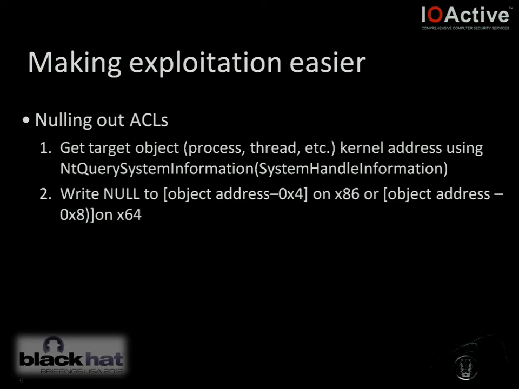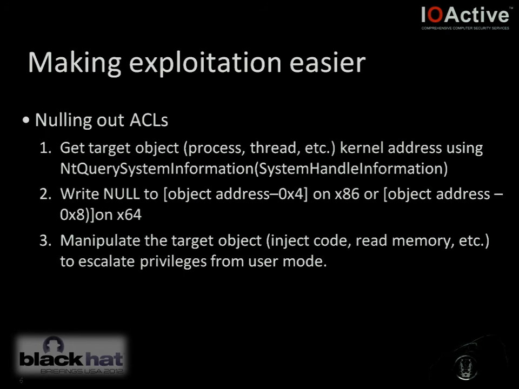And instantly that object becomes ACL free. And after that, we perform the privileged action we want on that object. Like I said, if it is the LSASS process, we can read the password hashes, insert code, etc. Like you can see, it's very simple.